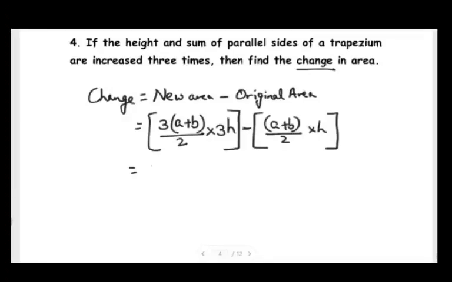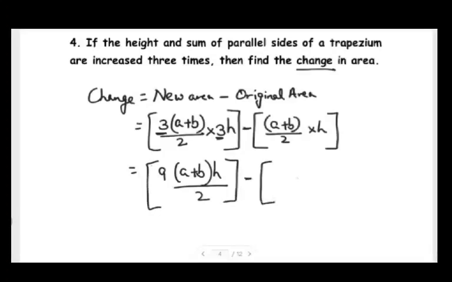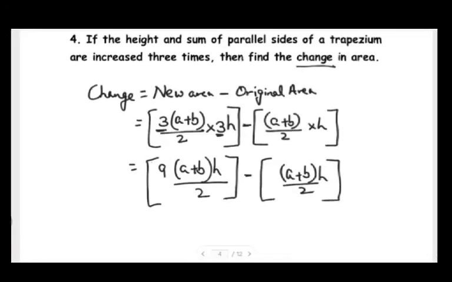So what I'm going to do is take this 3 and this 3 and multiply them first. So 3 into 3, 9, and then A plus B into h upon 2. Can I write it like this? Yes. Now this as well, A plus B upon 2 h.